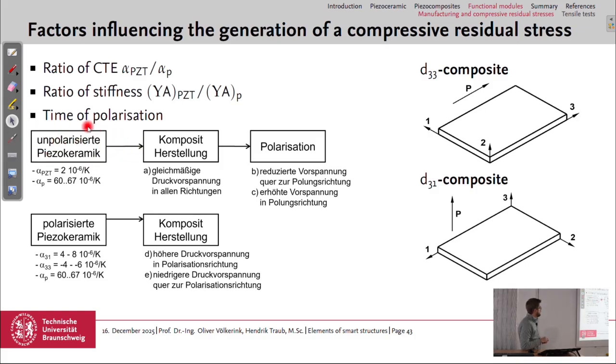We can start with an unpolarized piezoceramic, manufacture the composite, and then polarize it. With this, we have an isotropic behavior because the piezoceramic gets anisotropic after polarization only. Or we could use the already polarized piezoceramic with anisotropic behavior, and therefore also anisotropic thermal expansion, and then manufacture the composite.